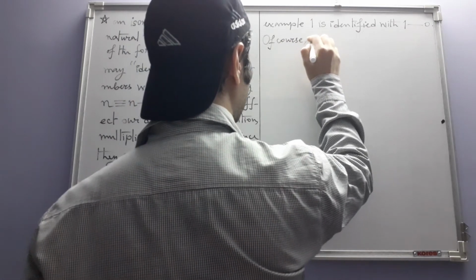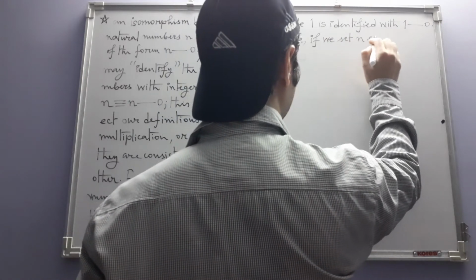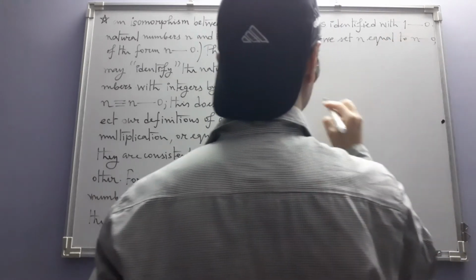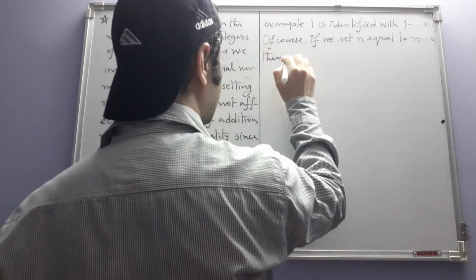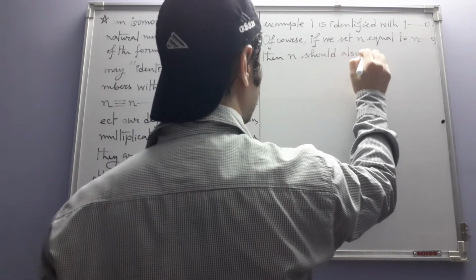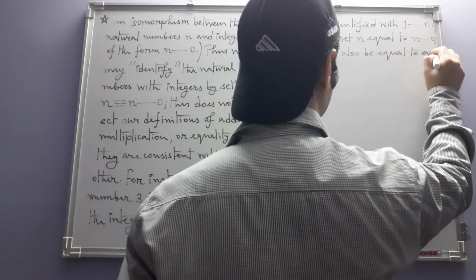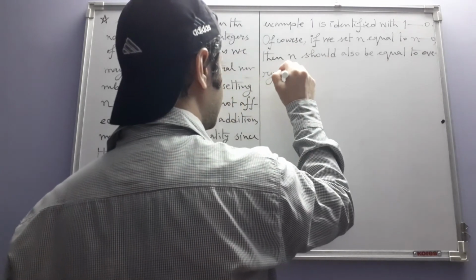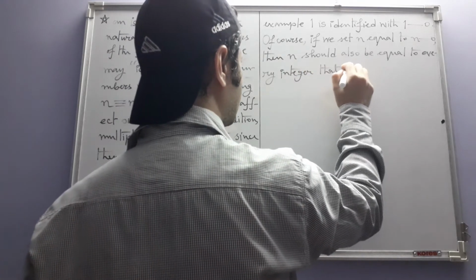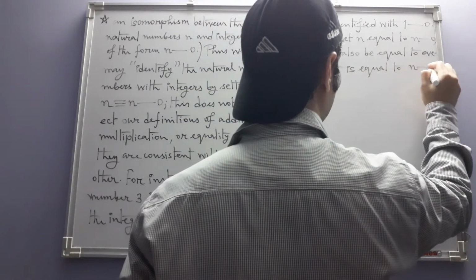Of course, if we set n equal to n-0, then n should also be equal to every integer that is equal to n-0.